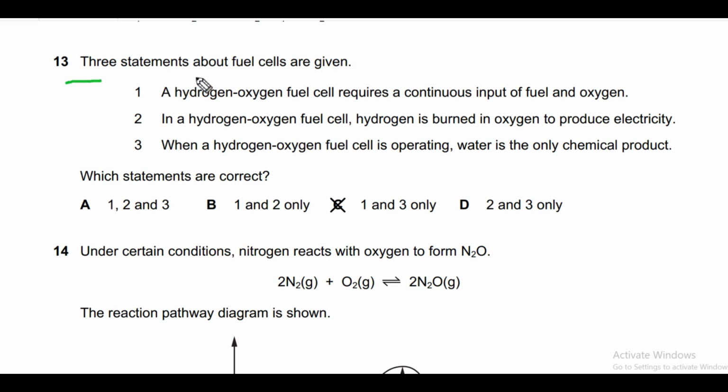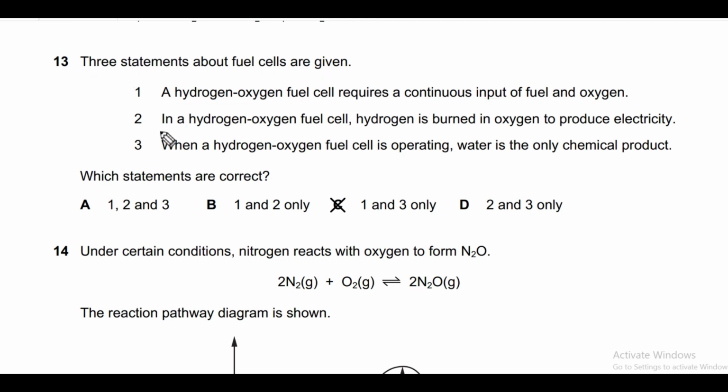Next, 13. Three statements about fuel cell are given. Number 1: a hydrogen oxygen fuel cell requires a continuous input of fuel and oxygen. Fuel means hydrogen, and oxygen, continuously we have to supply. So this is true.